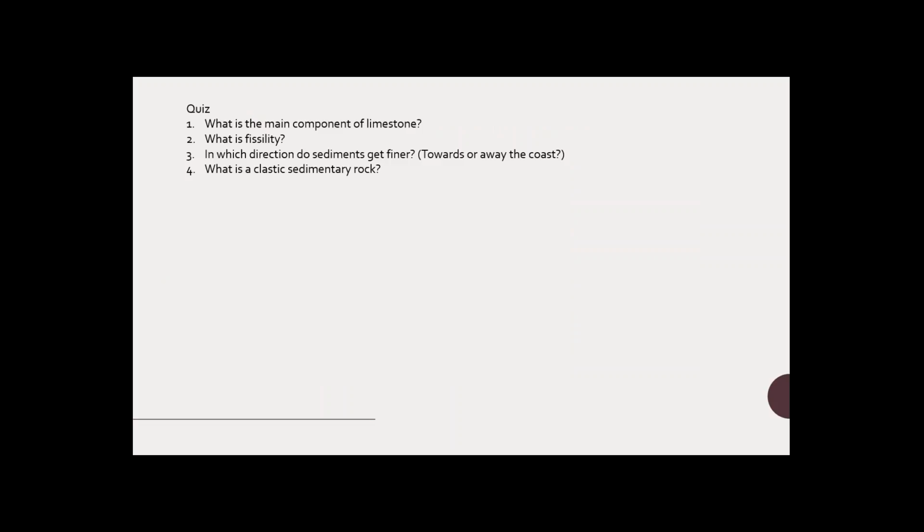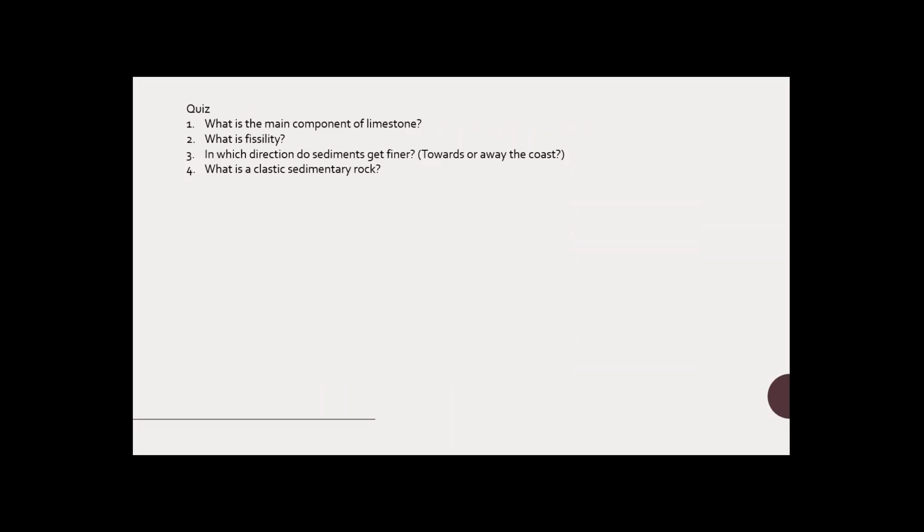Can you answer the third one? That's actually not right.